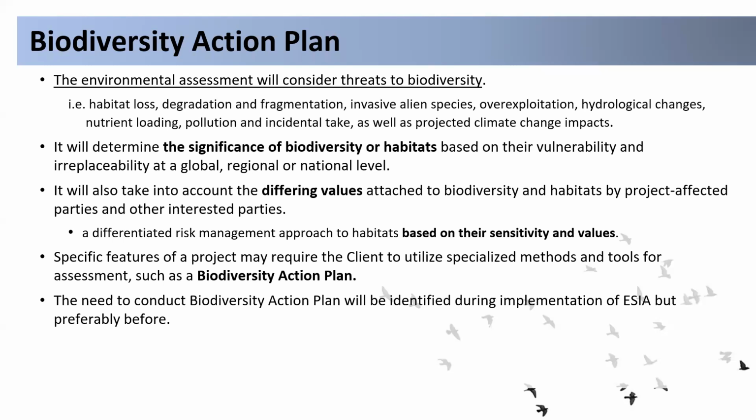The need for a separate one will be defined at the beginning of preparation of the ESIA. So the plan will determine the significance of biodiversity or habitats based on their vulnerability and irreplaceability at the global, regional, national level. But it will also take into account what we talked about, differentiated values. I mean, is this a natural habitat? Is this a modified habitat or a critical habitat?